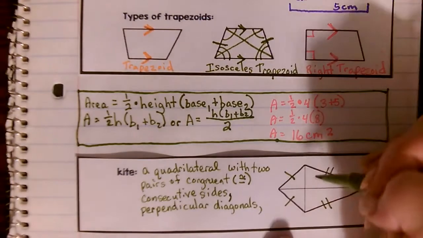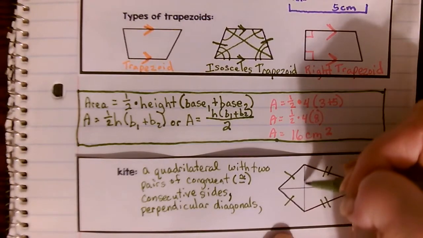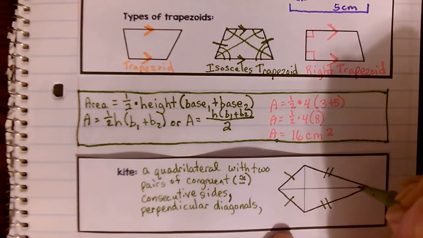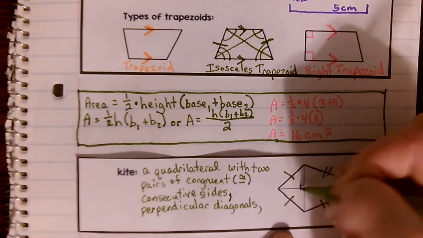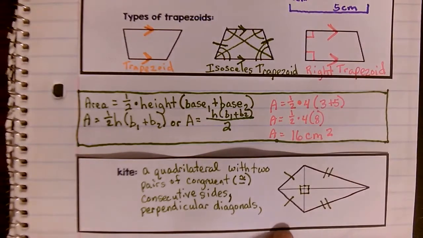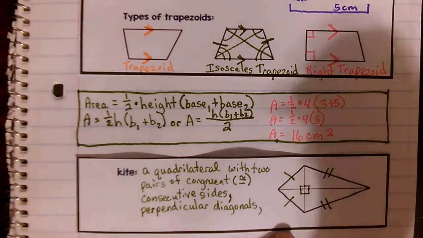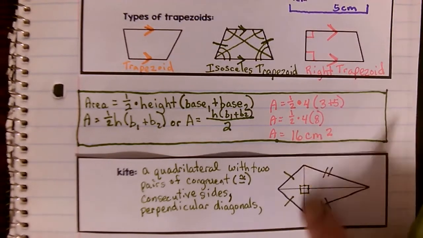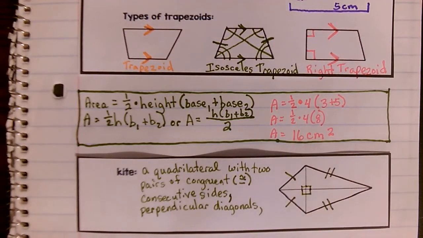Now what that means is this. You have this line this way and this line this way. These form a right angle all the way around, okay? So that makes them perpendicular. When you form 90-degree angles, which are right angles, you get perpendicular diagonals, okay?